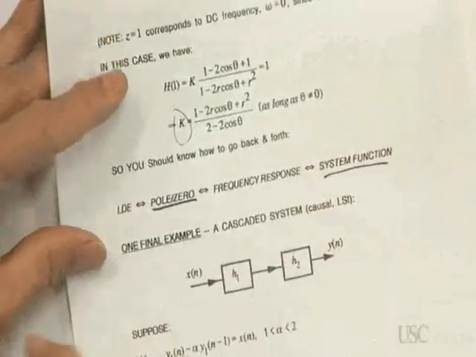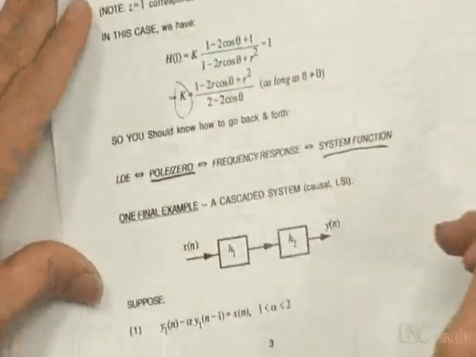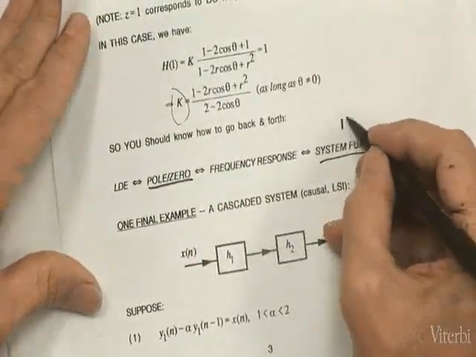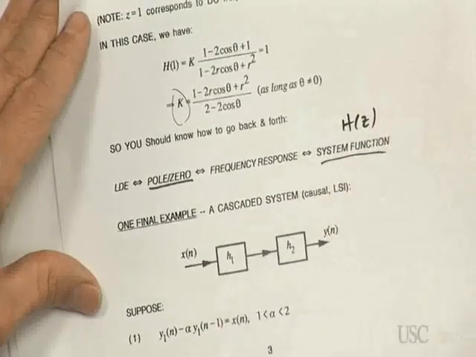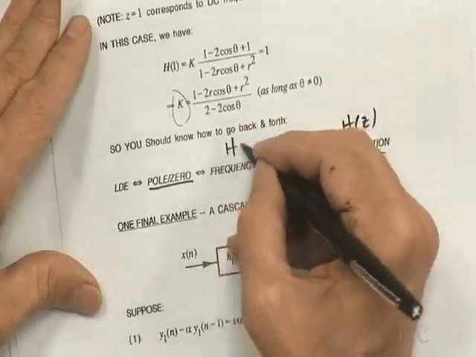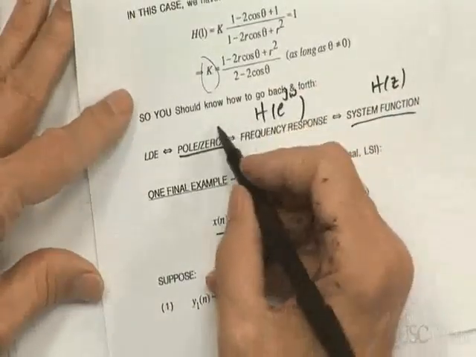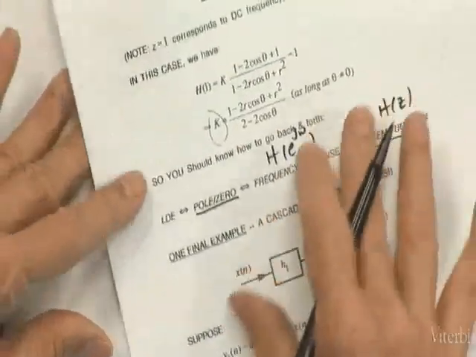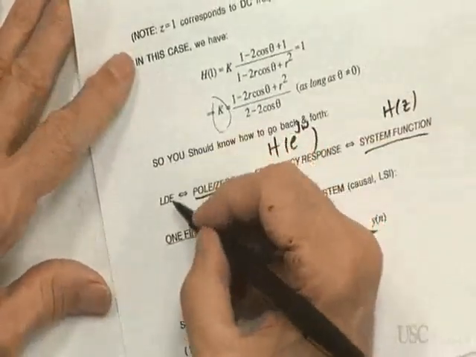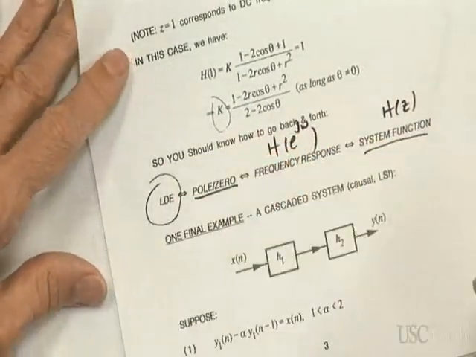And if I give you side information, you can get the constant, because that's just H of z. And if you know what H of z is, obviously you will know what H of e to the j omega is. And if you know the poles and zeros, then you can expand the numerator and denominator, and then you can get the difference equation.